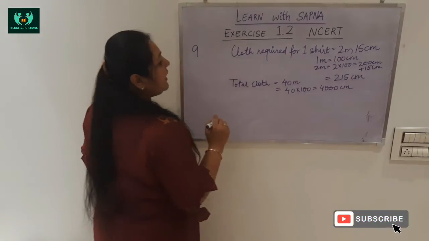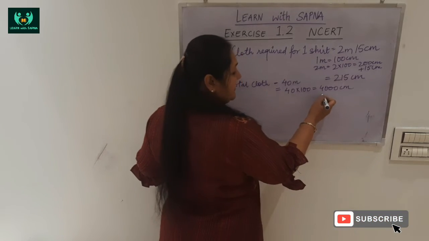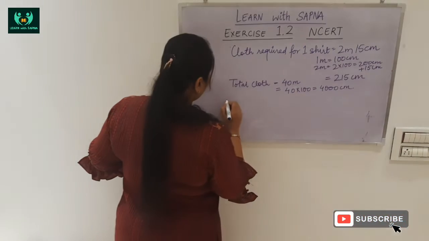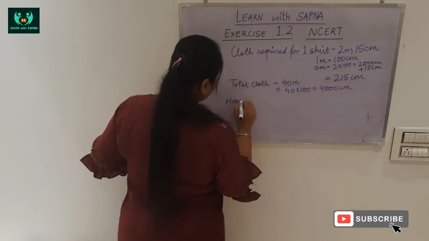Now, we are asking, we have 4000 centimeter and each shirt requires 215. So, how many shirts will be made?